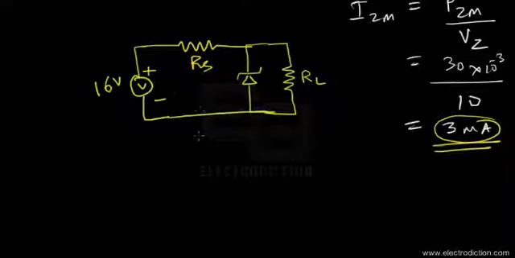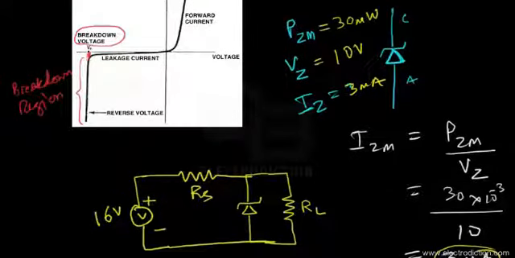So now in this case, as you can see, our Zener diode can tolerate a maximum of, let's say, 3 milliamps.